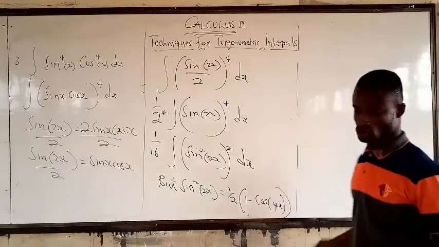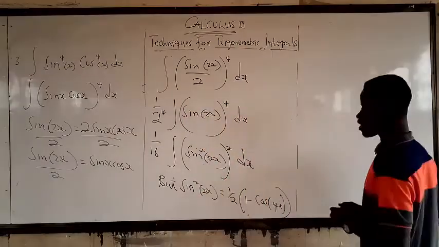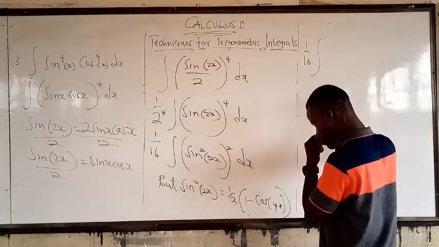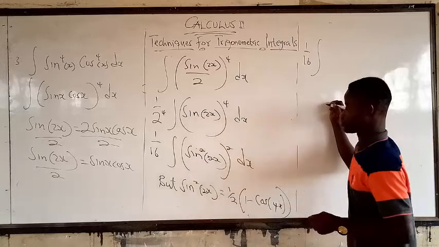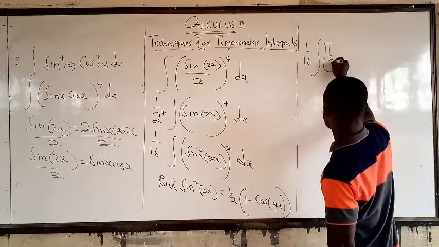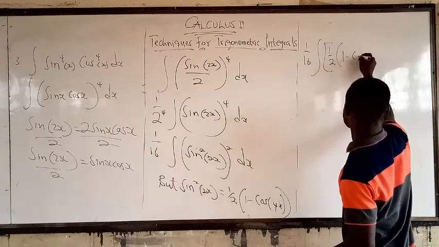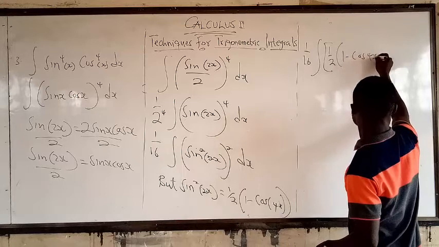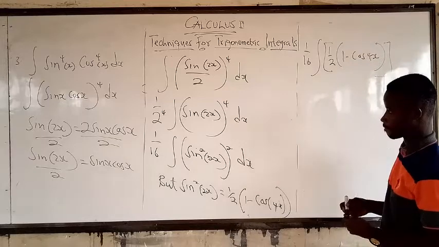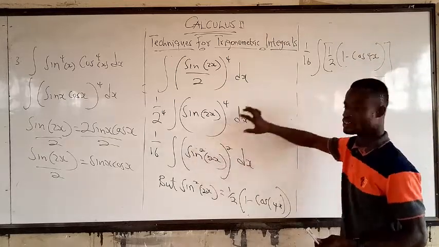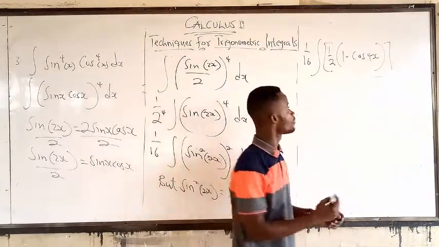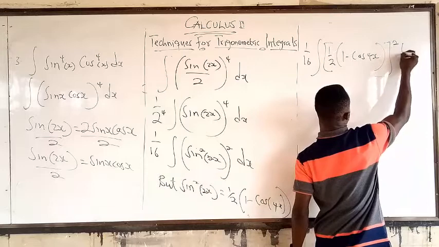Let us now move on to do the substitution. So what do we have here now? 1 over 16, the integral. The whole of the inside is half of 1 minus cos 4x, all to the power 2 dx.